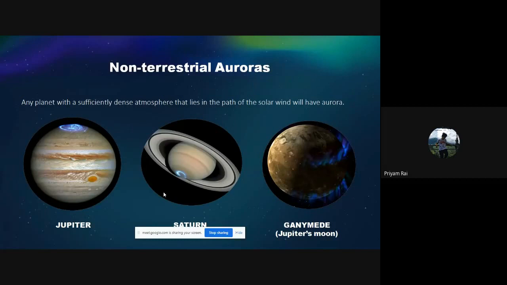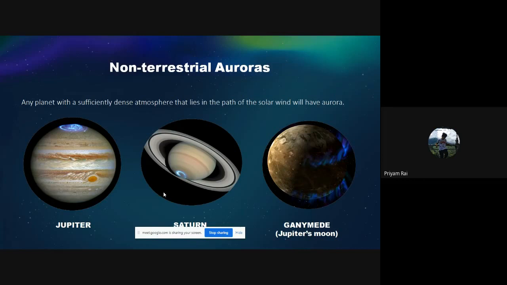Now, auroras are observed in other planets like Jupiter, Saturn, Uranus, but not on Mars, Venus, or Mercury. Now, any planet with a magnetic field and an atmosphere should likely have auroras.